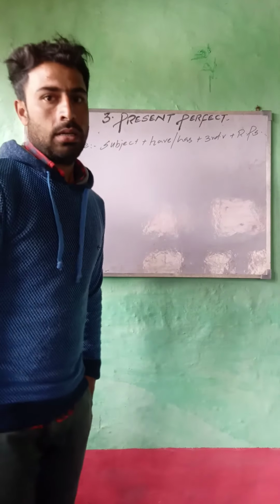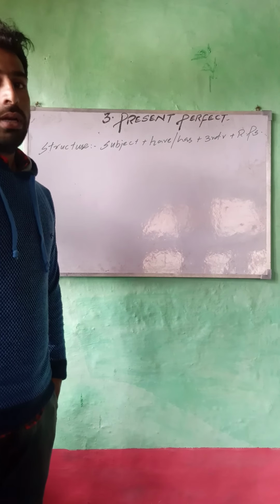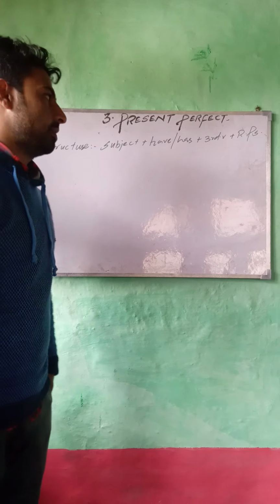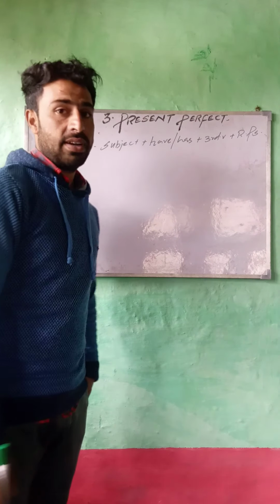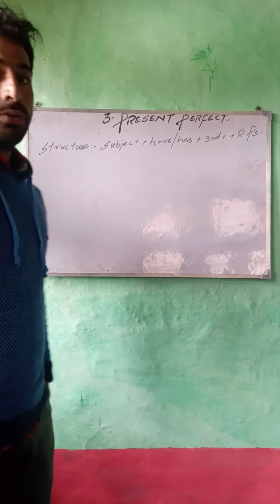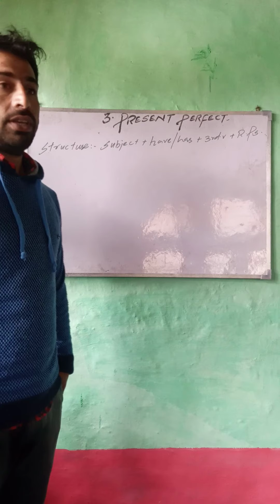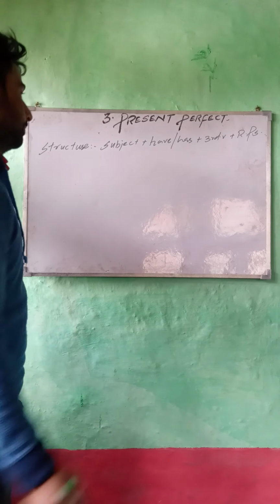Dear students, in present perfect we use have and has. Somewhere we use have and somewhere we use has. After giving the examples, I will tell you what is the usage of have and what is the usage of has, where we use have and where we use has.